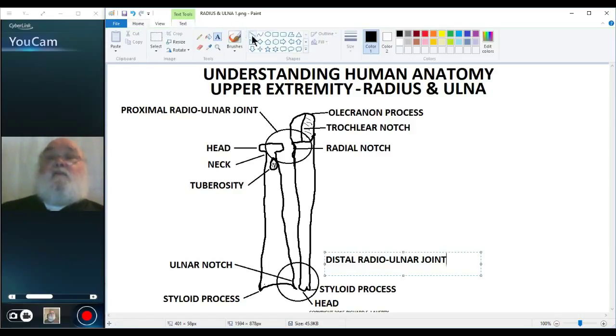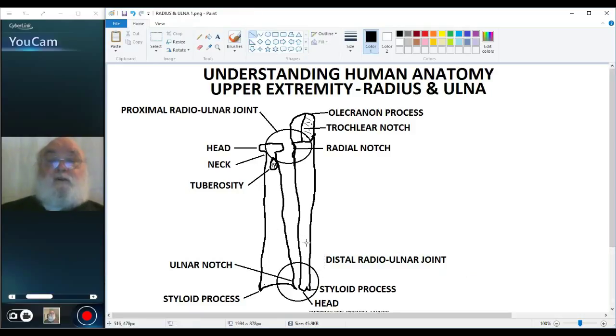And again, as I said, this is a synovial joint, so there is a space between the bones which is filled with fluid. The ulna does not articulate with the wrist bones, with the carpal bones. The radius articulates with the carpal bones at the distal end.